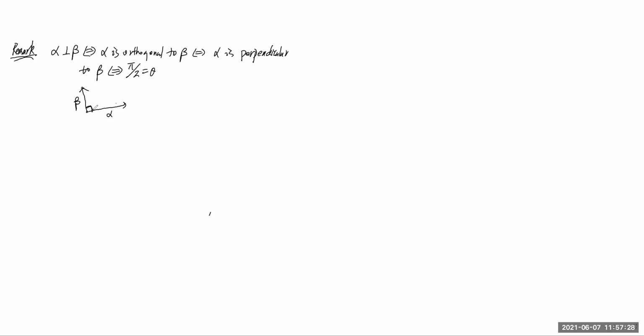So if we know this, it's very easy for us to know algebraically whether two vectors are perpendicular. From cosine theta equals alpha dot beta over the lengths, it tells us alpha is perpendicular to beta, in general we use this notation, if and only if the dot product of alpha and beta is 0.